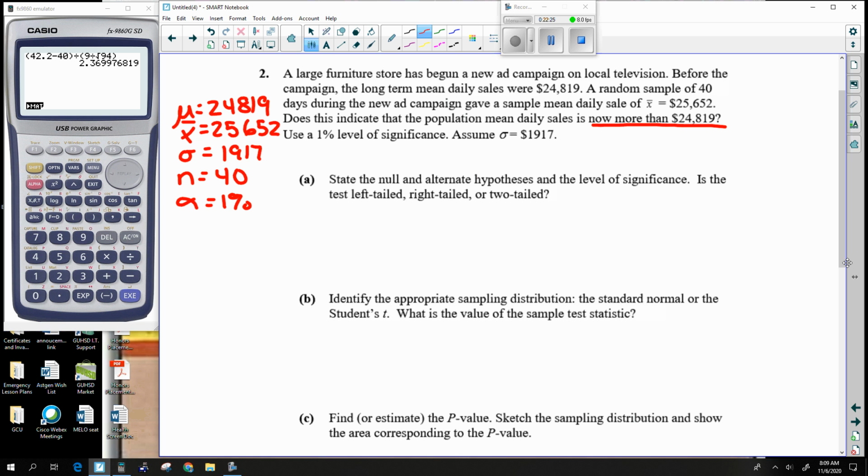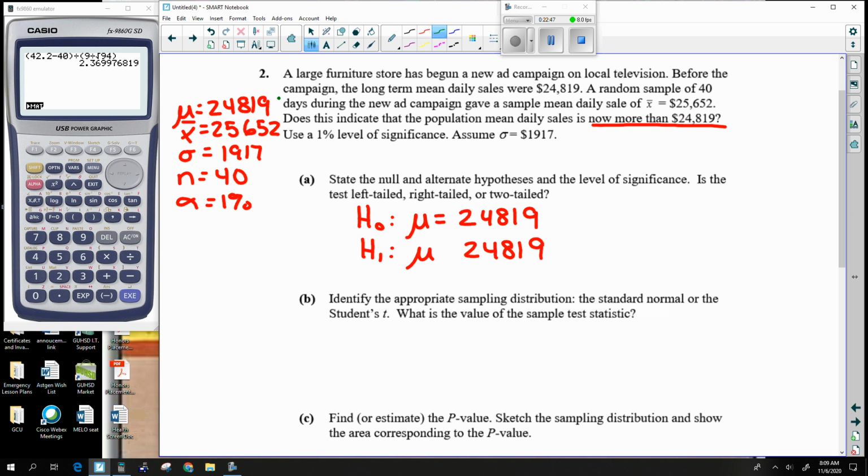First question is the null and alternate hypotheses, level of significance, and left, right, or two tail. Our null hypothesis is what history is showing right now, that the average is equal to 24,819. Our alternate hypothesis looks identical, except we have to decide what symbol goes in the middle.